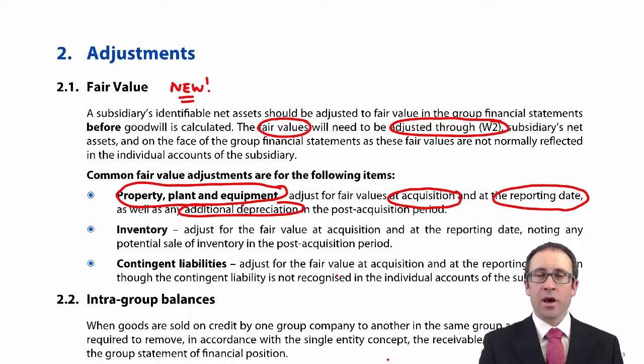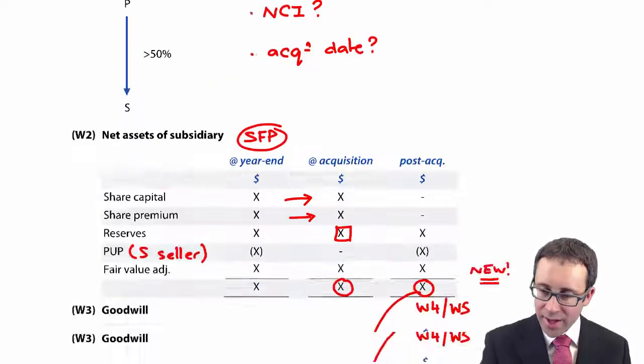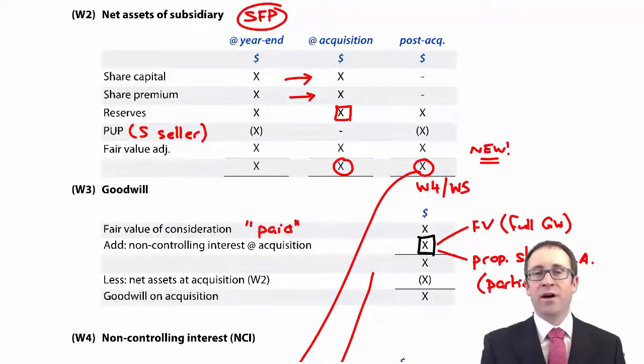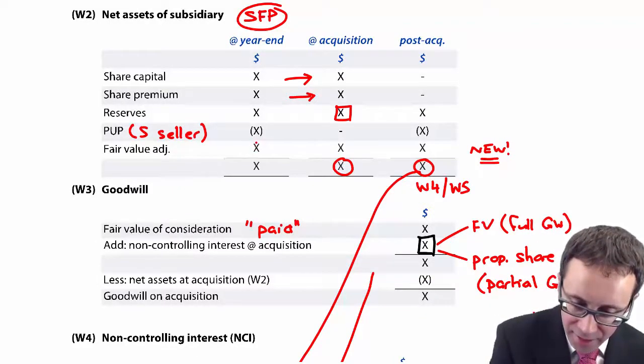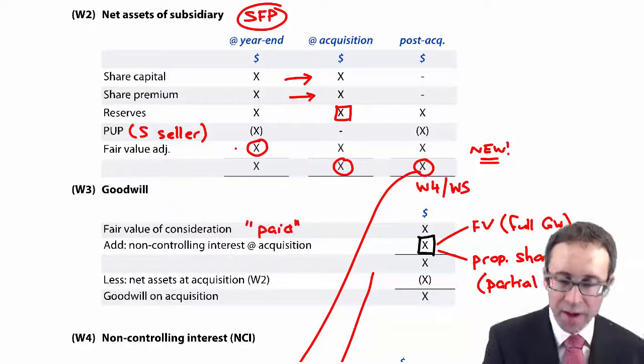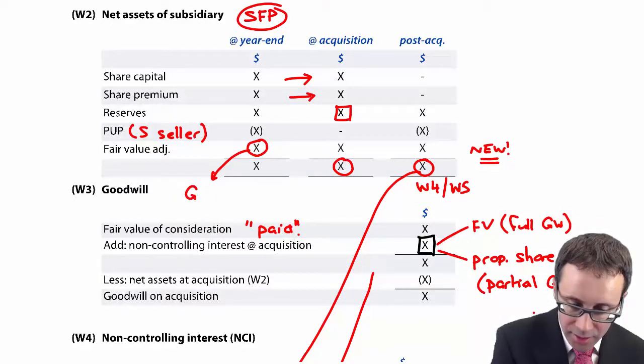Okay, whatever you do, when you're within the exam, do not forget that if you have that fair value adjustment and it's there at the year end, that figure at the year end also needs to be shown on the group SFP.